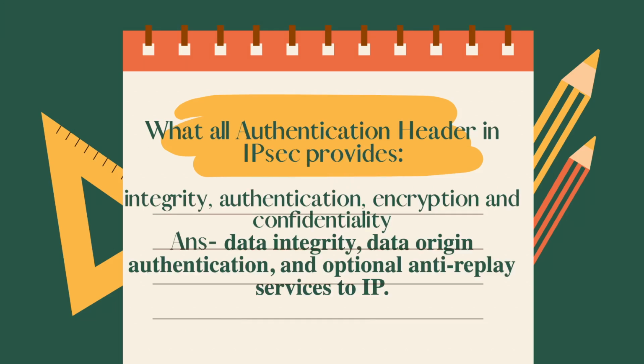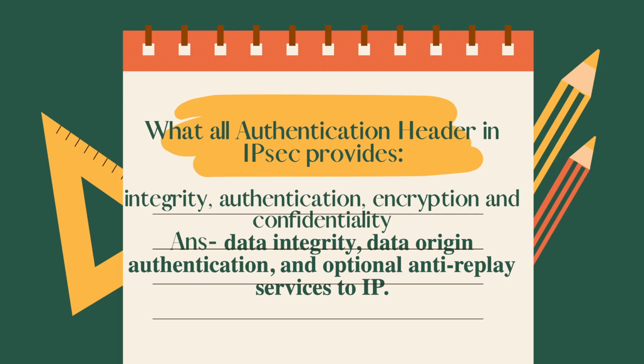So what does the authentication header in IP security provide? The options given were integrity, authentication, encryption, and confidentiality. So see, data integrity and data origin authentication are provided, but confidentiality is not provided by this.